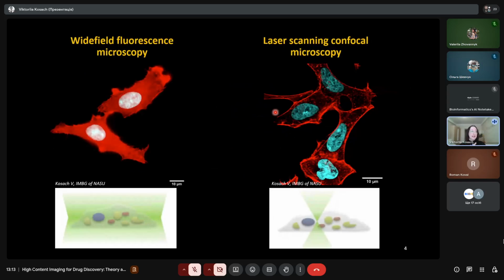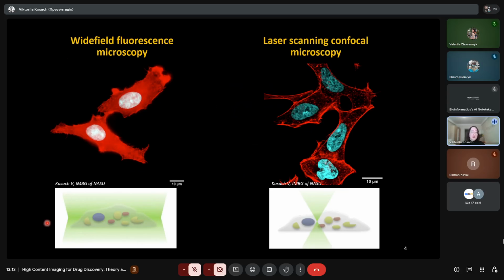So let's quickly look how these imagers are such quicker and faster than regular research microscopes. On the left side you can see a picture of wide field fluorescence microscope. Both research and automatic ones could operate in such a type of microscopy.